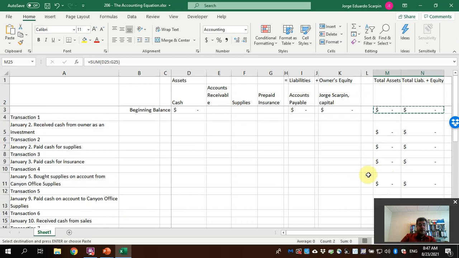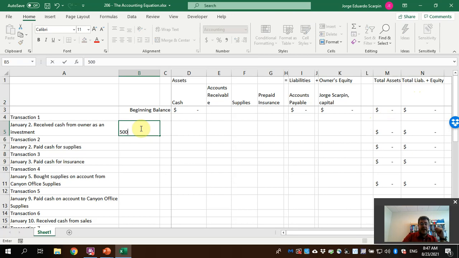Remember, assets equal liability plus owner's equity. So after each transaction, assets must be equal to liability plus equity. So receiving cash from owner as an investment. How much? Let's say here, let's add some numbers. $5,000.